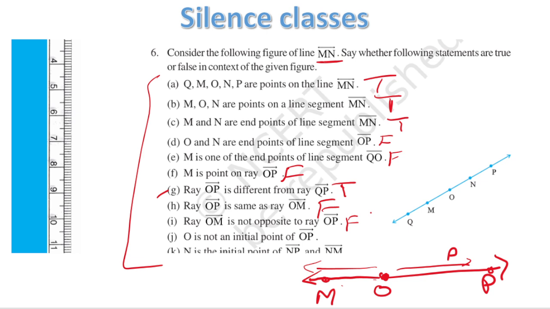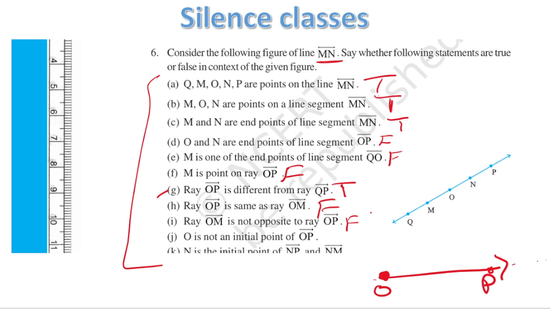Okay, now O is not an initial point of OP. We are talking about O and P, which we have marked here. Initial point means the starting point. Yes, O is the starting point, because the ray starts from here only and moves further towards P and beyond.